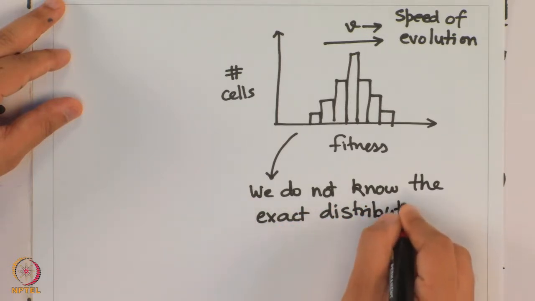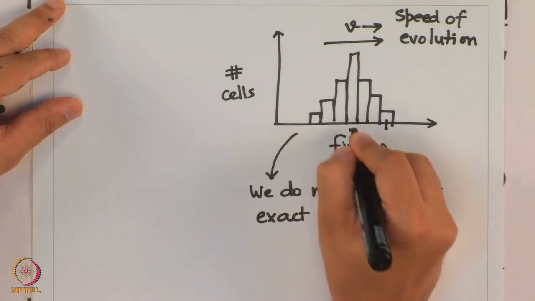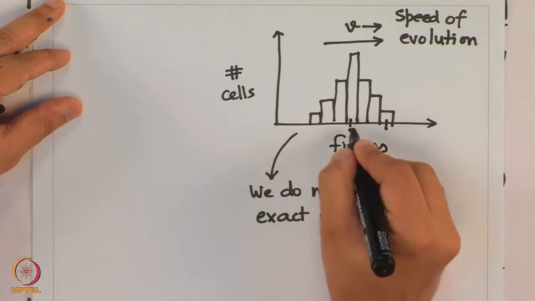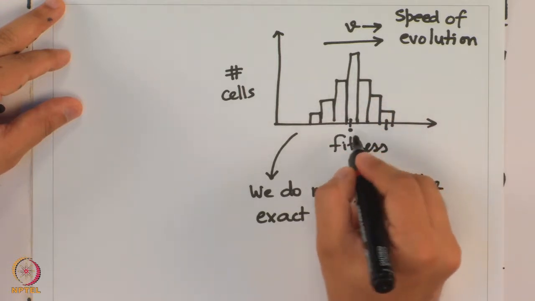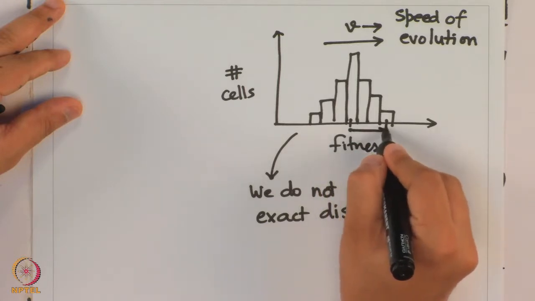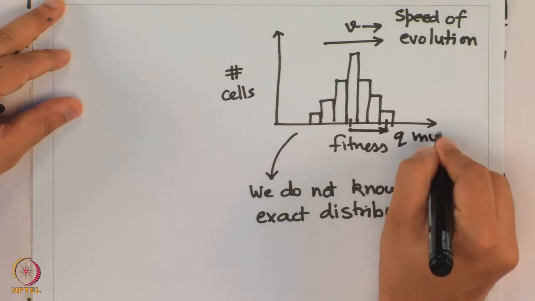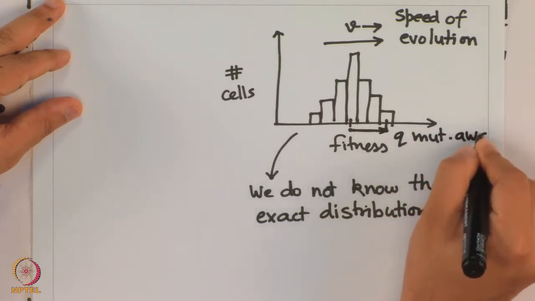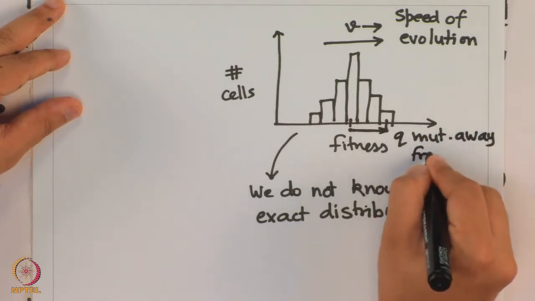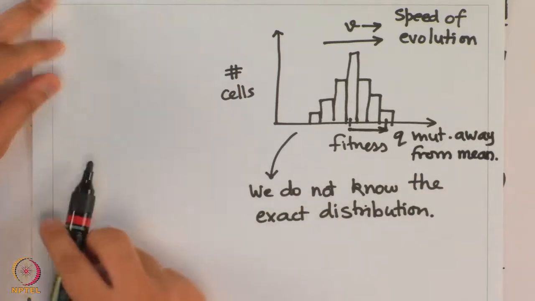But what we are going to assume is that this is the fitness which corresponds to the mean associated with this distribution. What we are going to assume is that the leading edge is q mutations away from the mean.